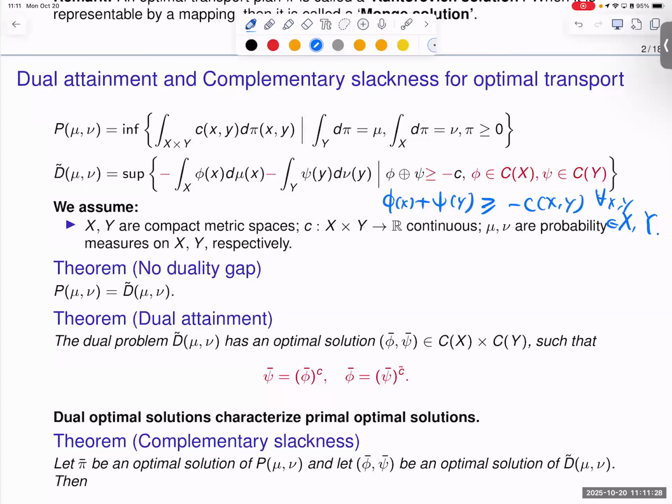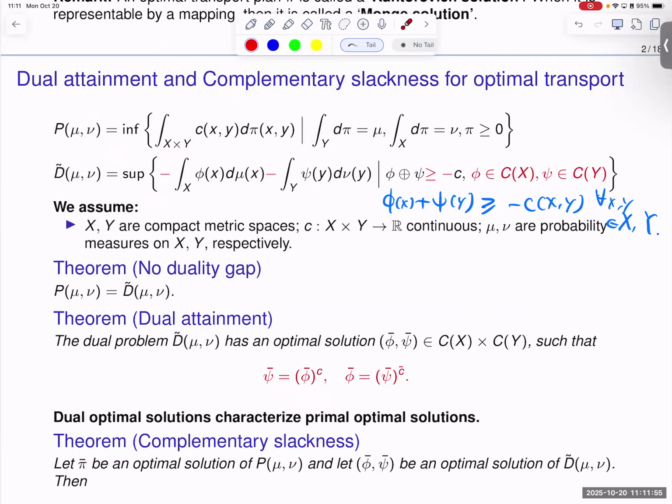Then we proved three important theorems for duality, namely no duality gap. This infimum value is the same as this supremum value. So the dual problem is a maximization problem, maximizing this functional, which is a linear functional on phi and psi.